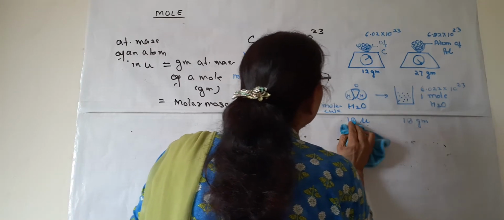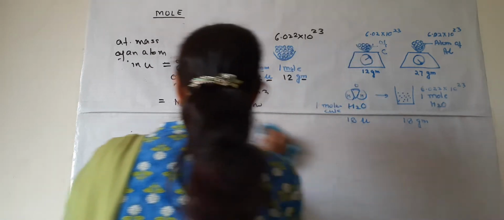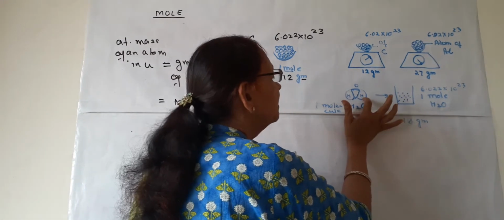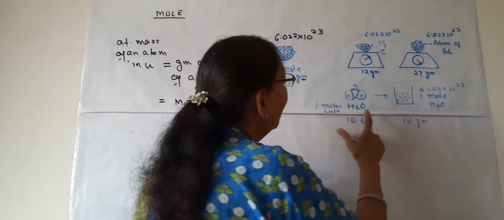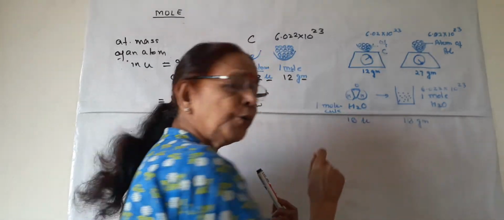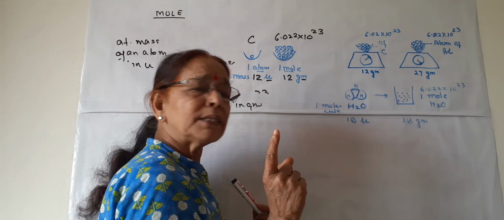Suppose I have taken water. All of you know water is a molecule. Formula is H2O, so in the center O is there. This is one molecule of water and its molecular mass is 18 U: 2 for hydrogen and 16 for oxygen, 2 plus 16.